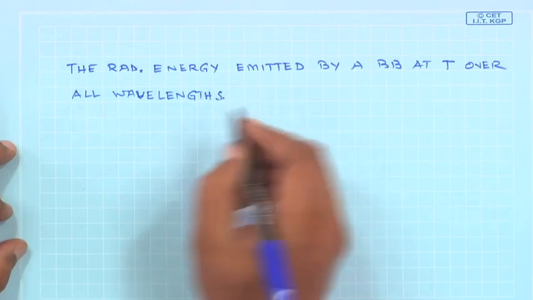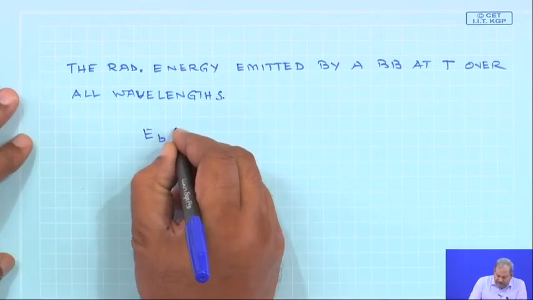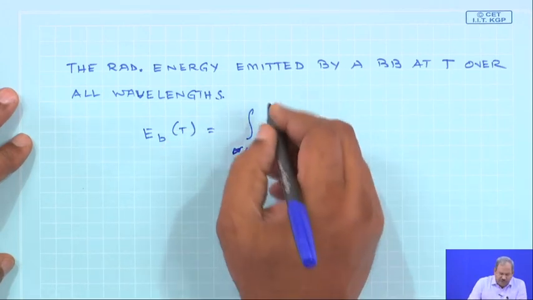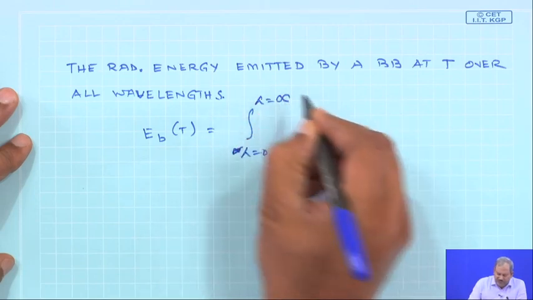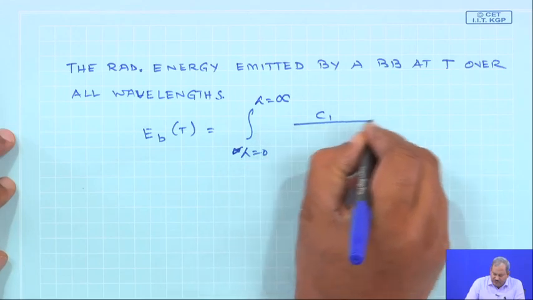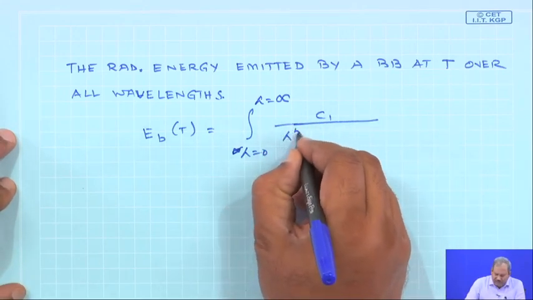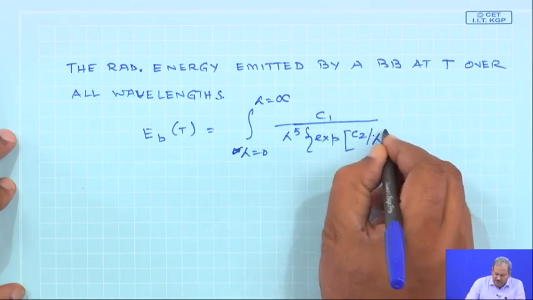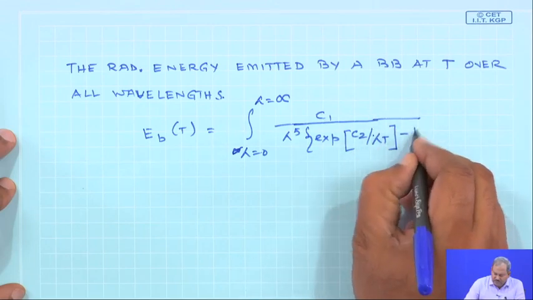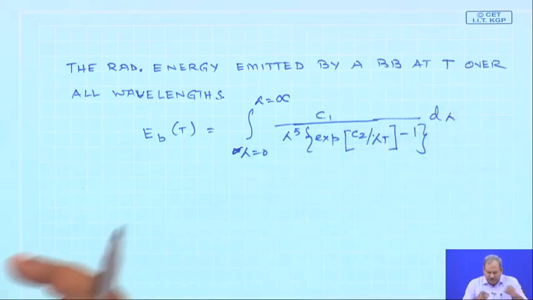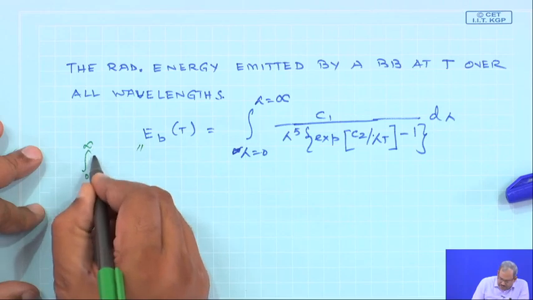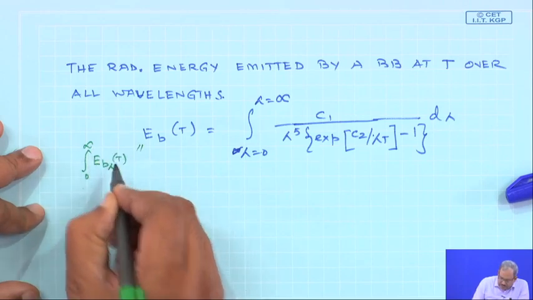So, if you are trying to find out at all wavelengths, then E_b T is, from lambda equals 0 to lambda equals infinity, the expression for E_b lambda T, which is this times exponential... This must be equal to integration from 0 to infinity E_b lambda T times d lambda.